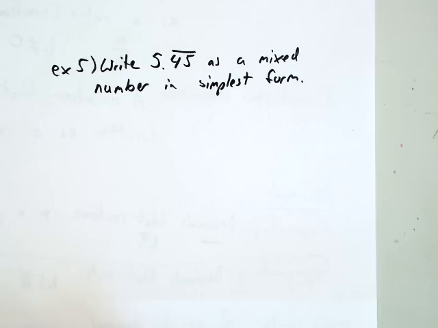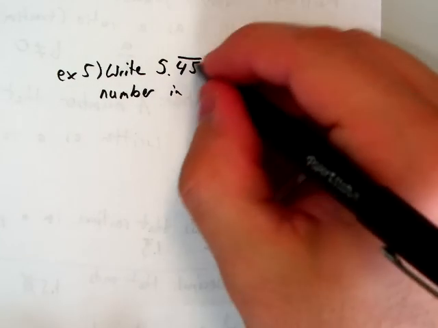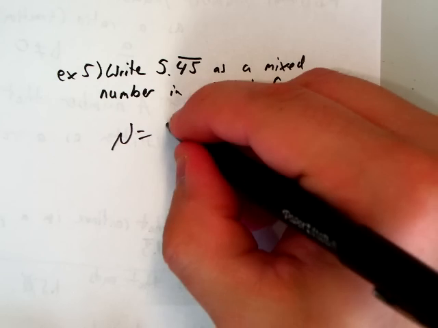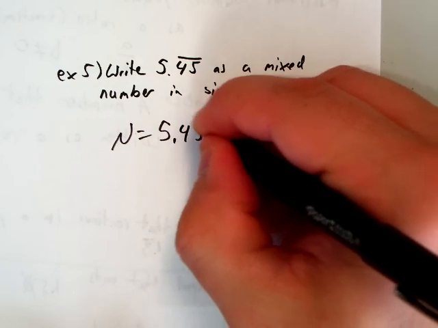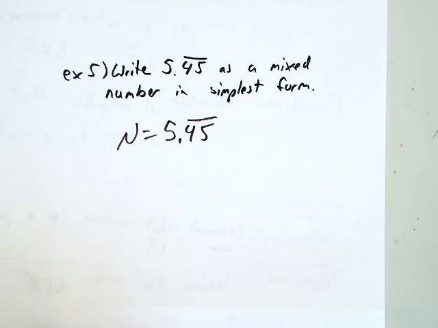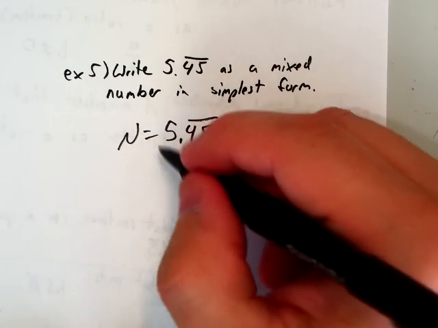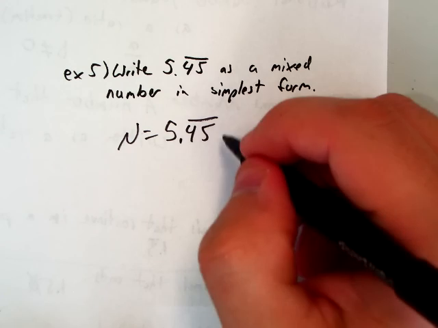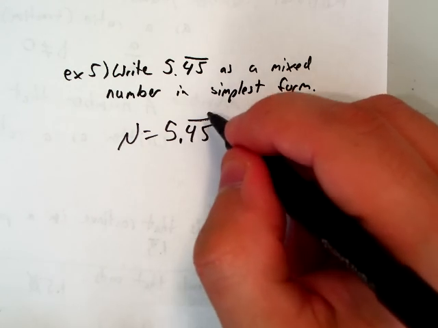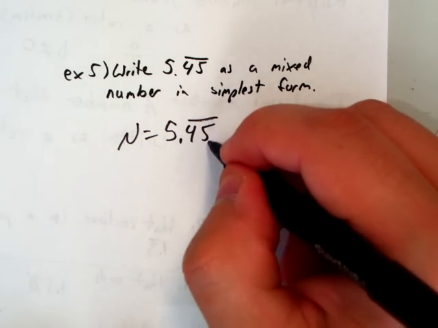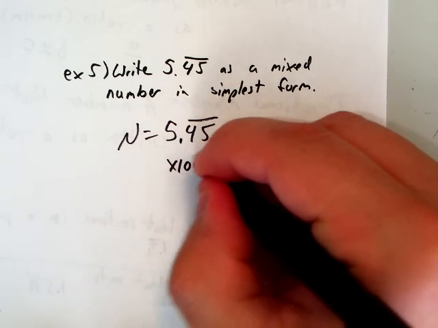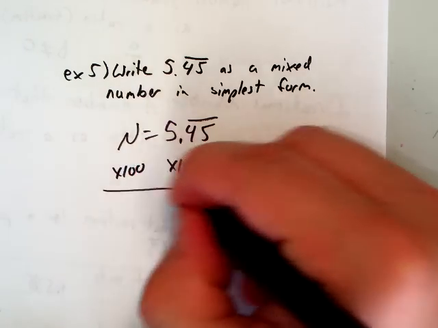Last example, example 5. I'm going to set this number again equal to a variable. Now, the last place value that's being repeated is the hundredths place, so I'm going to multiply by 100.